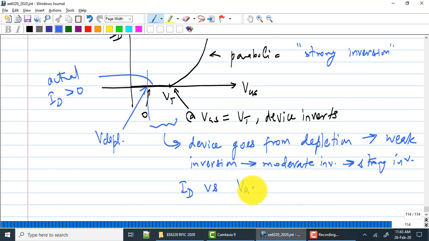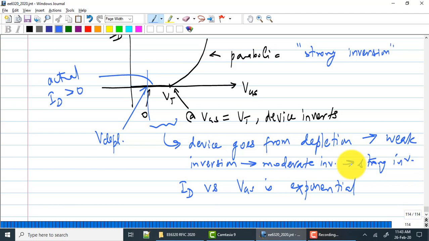Go back to the first few lectures of E3002. How did we characterize the device? We had input characteristics, input-output characteristics, output characteristics, right? That's the way we drew it. These are the input to output characteristics, right? The transconductance Y21 of the device.